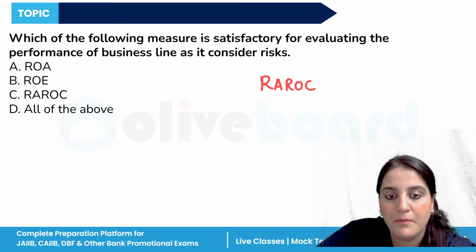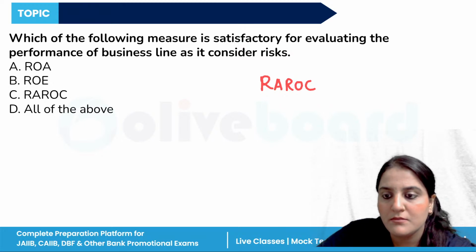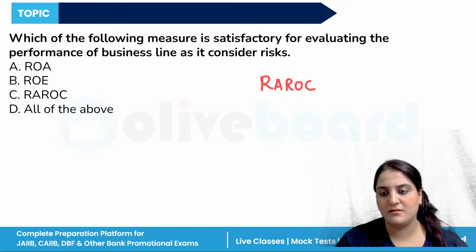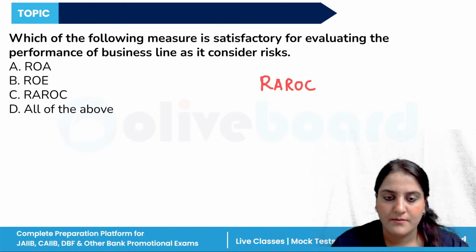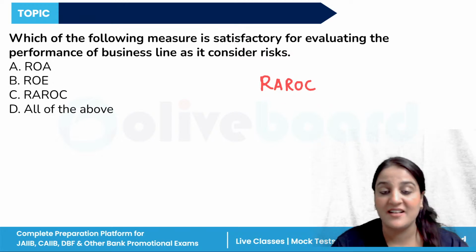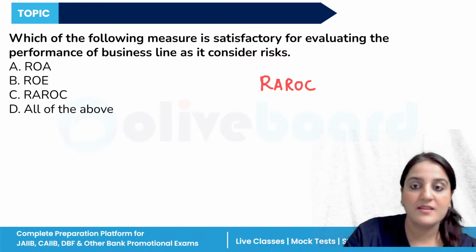All of the above or RAROC? RAROC is correct here, because ROA or ROE is not satisfactory. So we can say here C is correct.